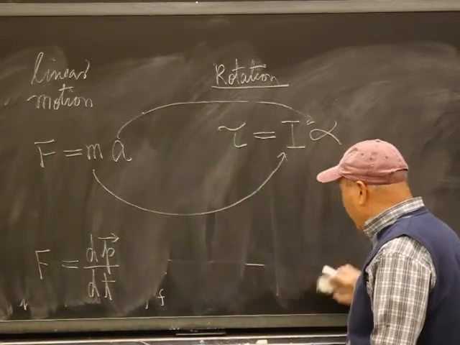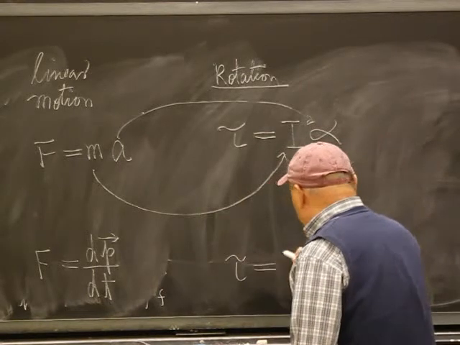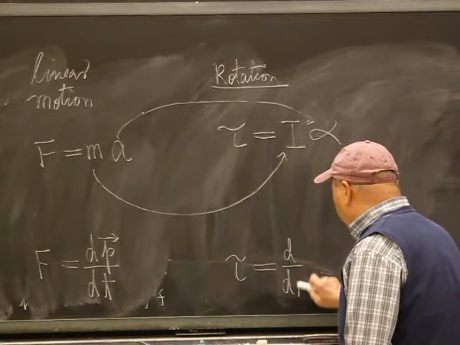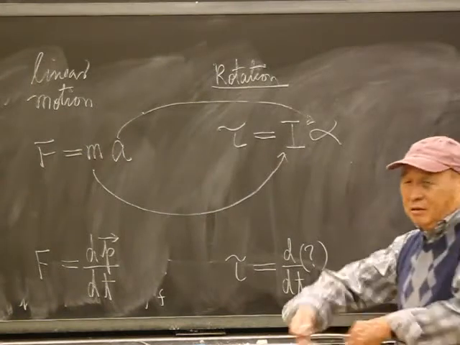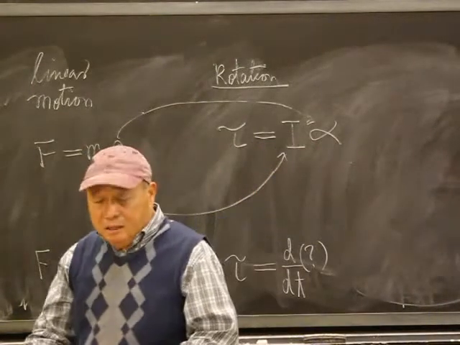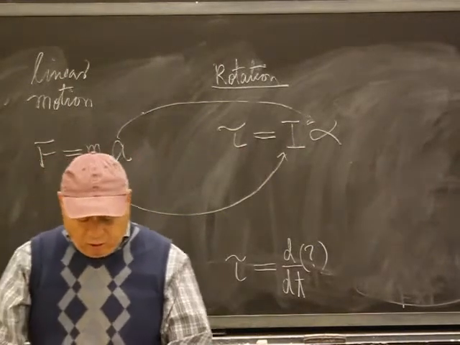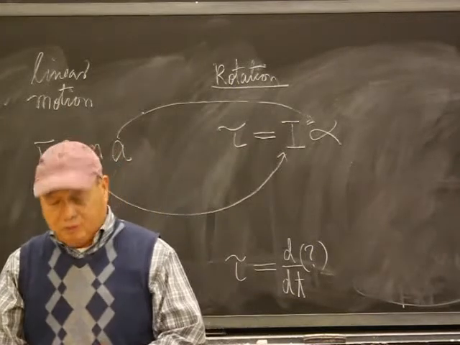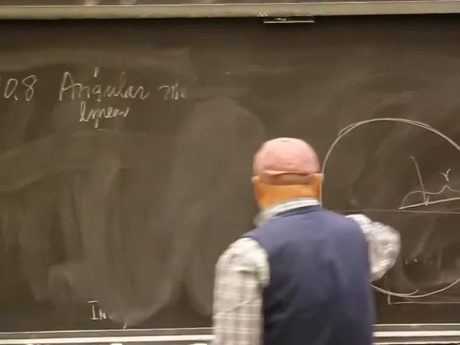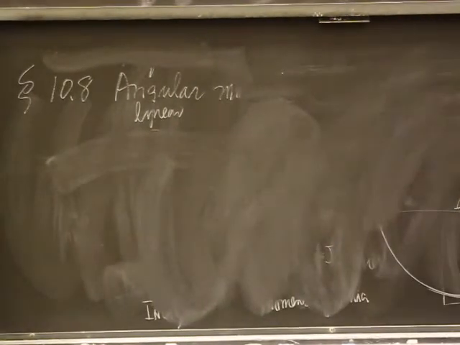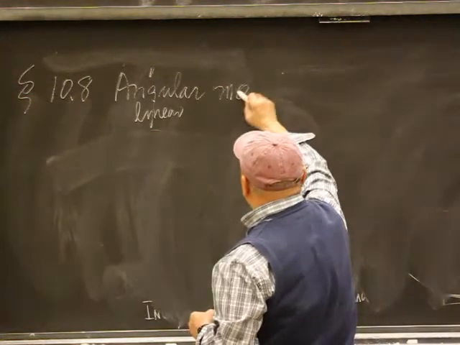So now we'd like to ask ourselves, if that is the case, tau equals the time rate of change of what? This is what makes the study of physics, or the study of anything, a story to tell. We have tau equal to I alpha, angular momentum.